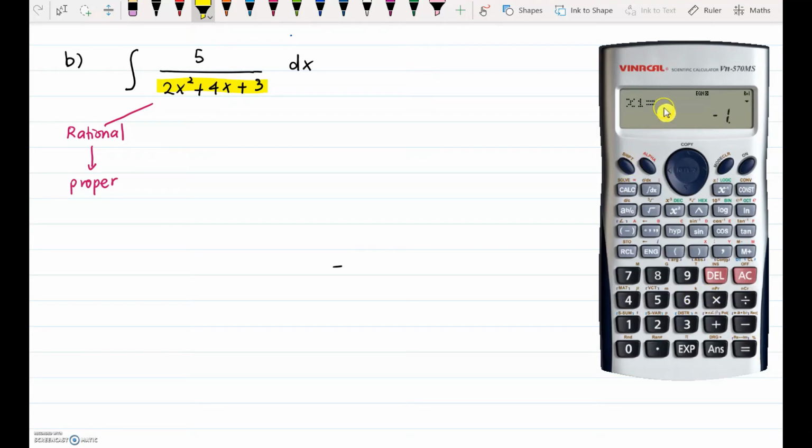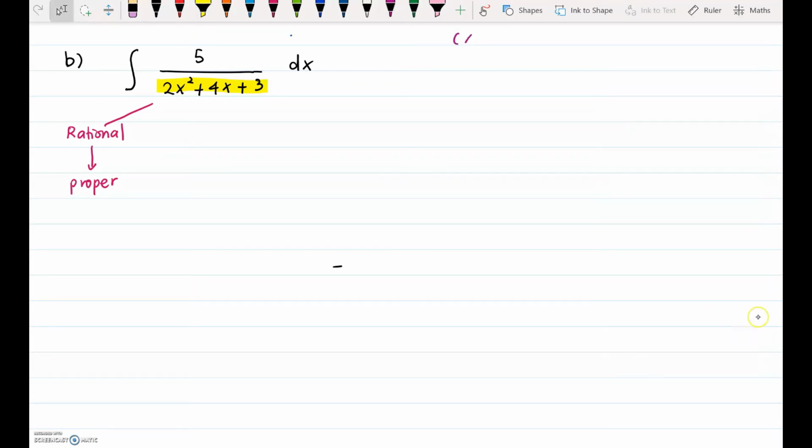The given answer here is x equals -1 and x equals -1. Please check. If you have x equals -1, that means x plus 1, x plus 1. When you expand, it will be x squared plus 2x plus 1. So it's not similar to the 2x squared plus 4x plus 3 here.